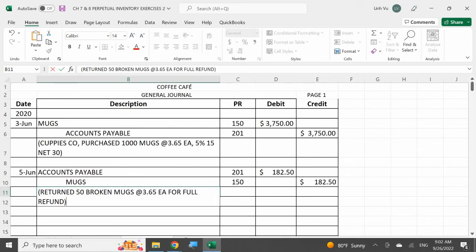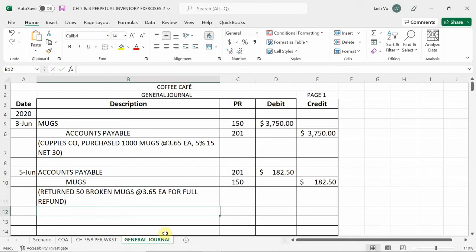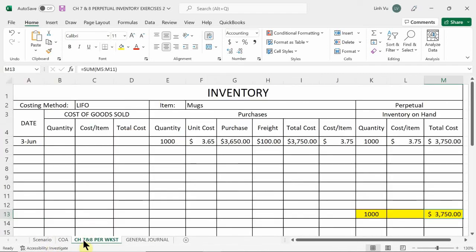Okay. All right. Now I have to update my inventory, because I don't have 50 items anymore and I changed the total cost of my value.